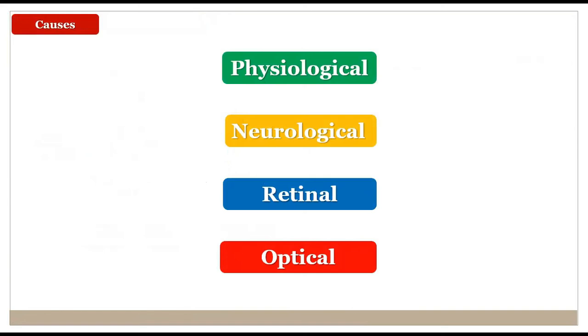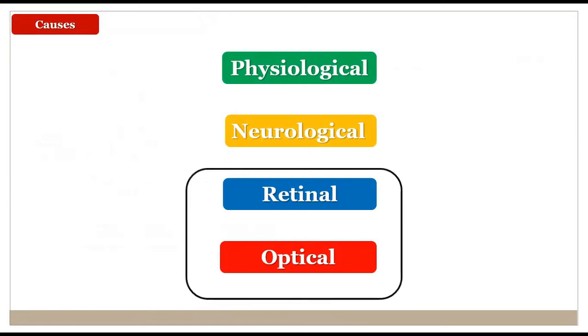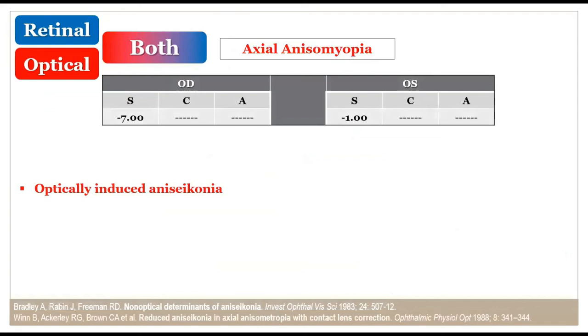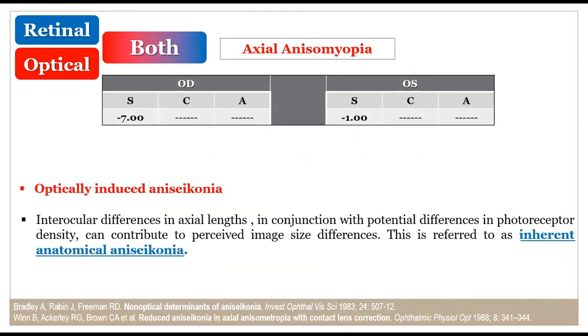The last point in this presentation: sometimes we have a combined mechanism for aniseikonia, retinal and optical. Let's see this example we demonstrated last time. This is a case of high axial anisomyopia. As we discussed last time, this is a case of optically induced aniseikonia because of high myopia in the right eye.